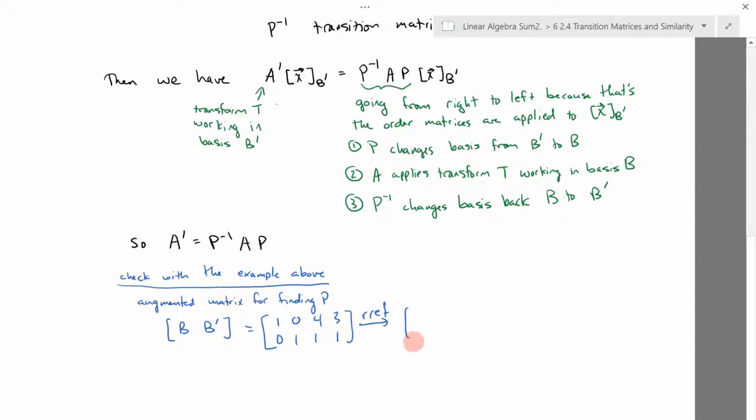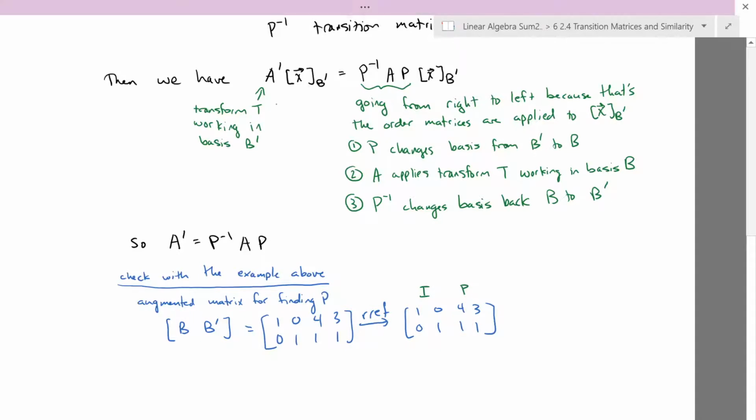This is already in row reduced echelon form, because we have the identity matrix on the left. After row reduction, you get the identity matrix on the left, and then P on the right. So this is our matrix P.